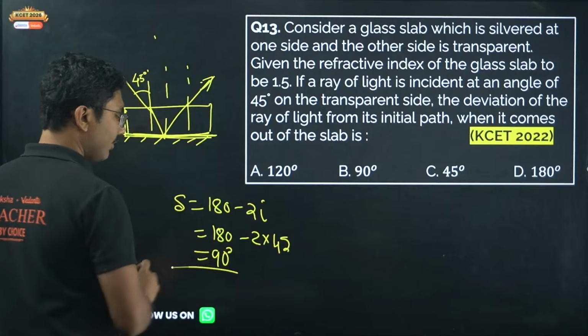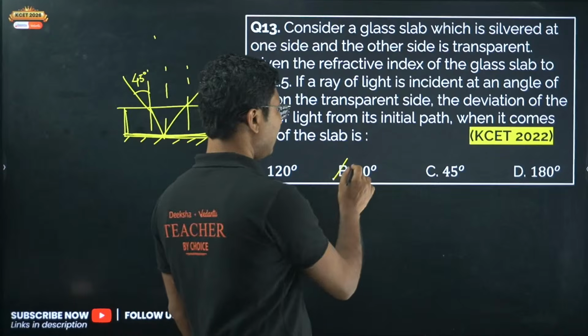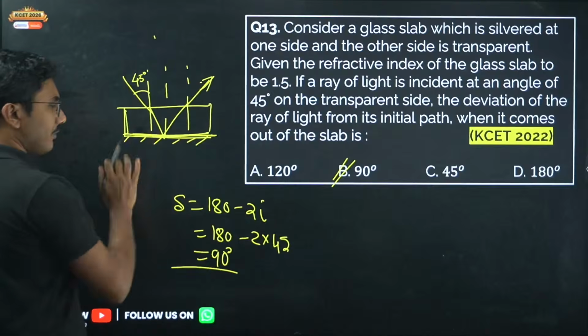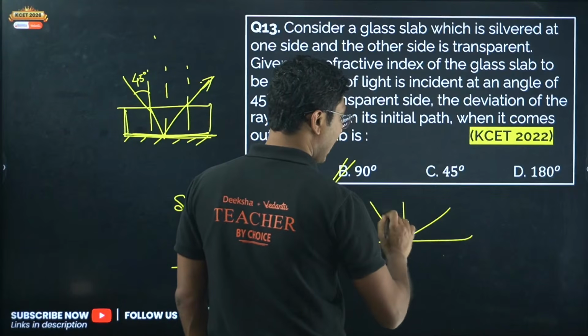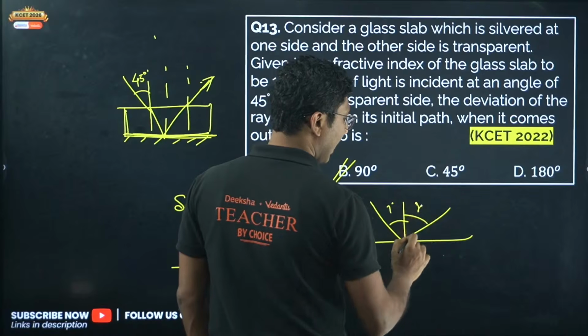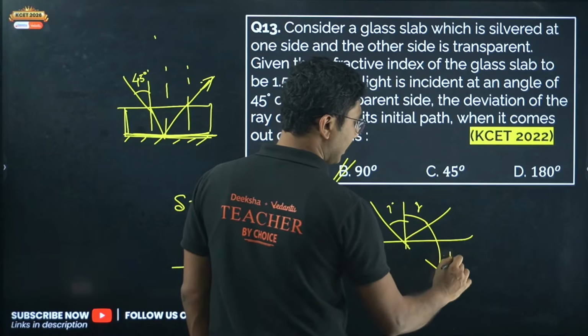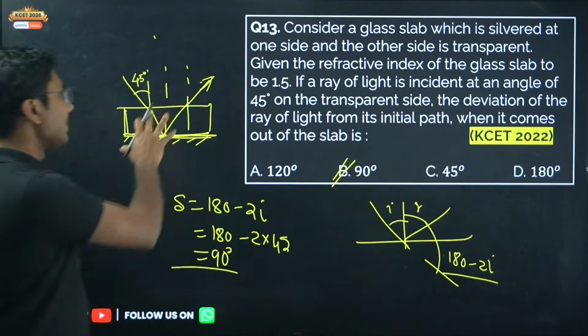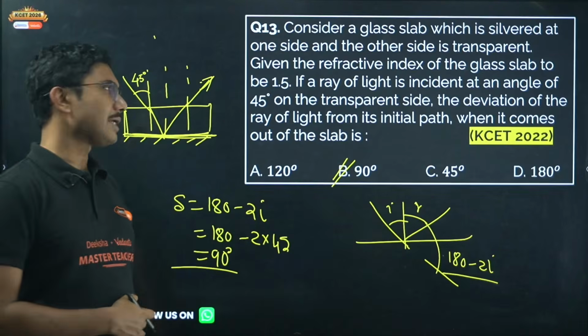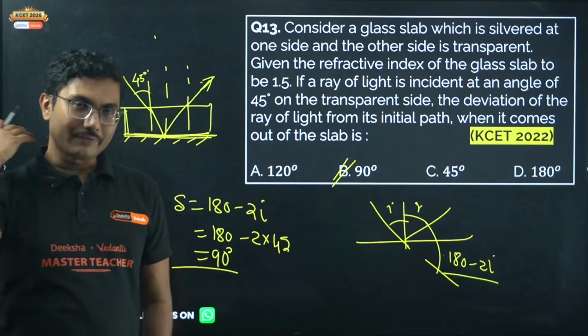So the angle of deviation is 90 degrees. If there is a normal mirror, only one mirror, light is falling and reflecting, the angle of deviation is this one, 180 minus 2i. And the same formula is valid even if it is happening through a glass slab, as long as it is coming back, that is, the reflection is happening.